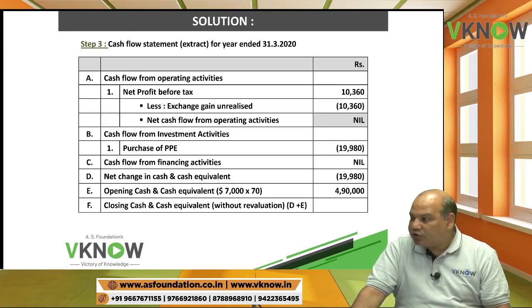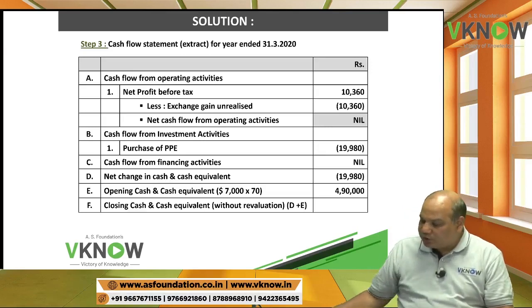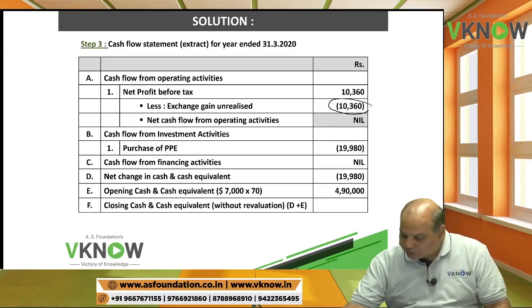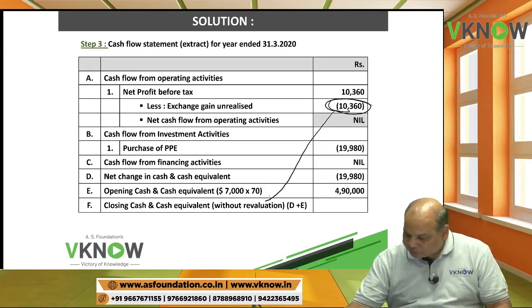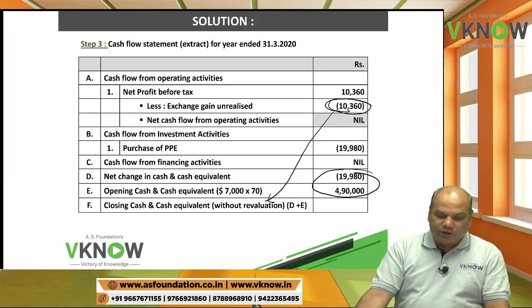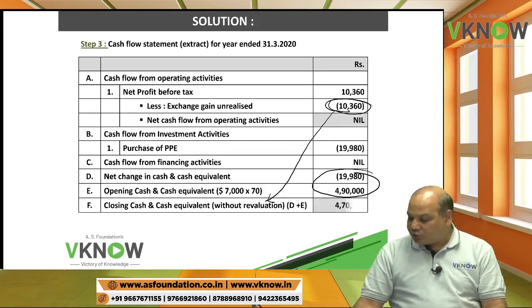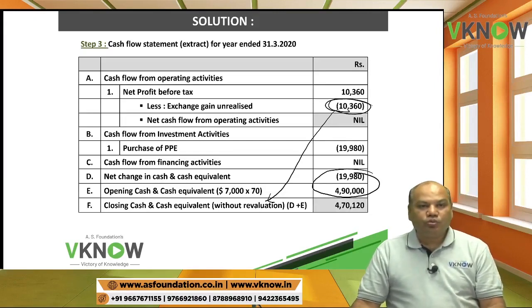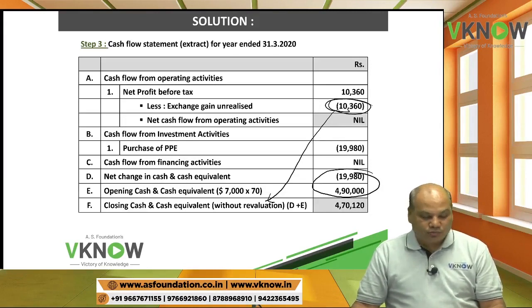Closing cash and cash equivalent without revaluation, because we have reversed the effect of revaluation. D plus E will come to 470,120.